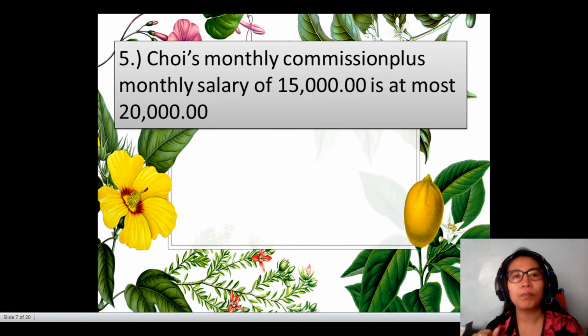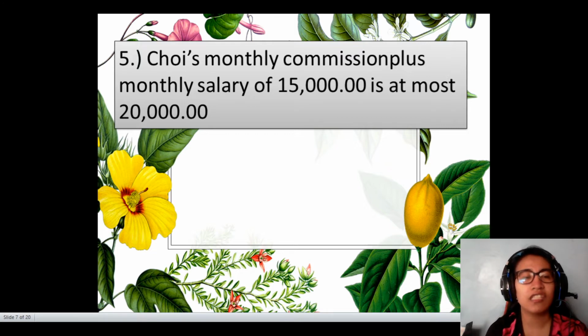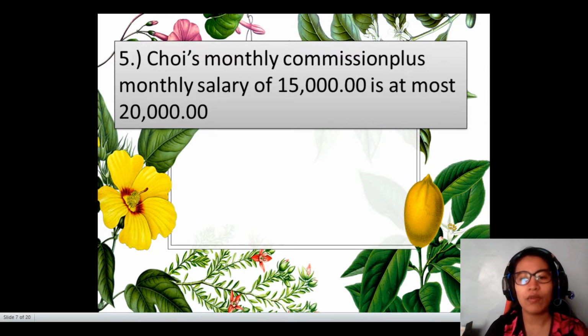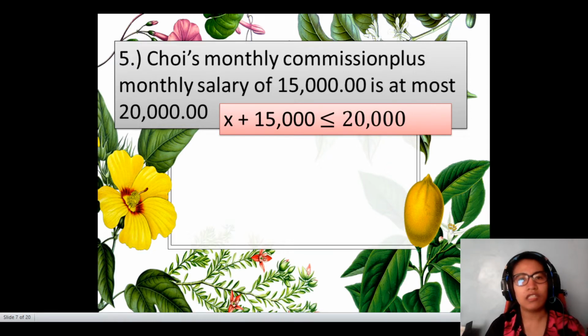So x plus, since it says the word plus, x plus 15,000 less than or equal to 20,000. So that's how you write it now. Again, when we say at most, that means your less than or equal to symbol. So this is your less than or equal to. You just put a line underneath the less than symbol.